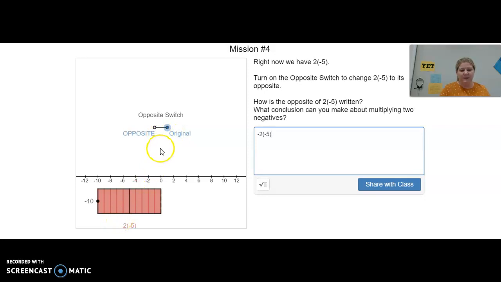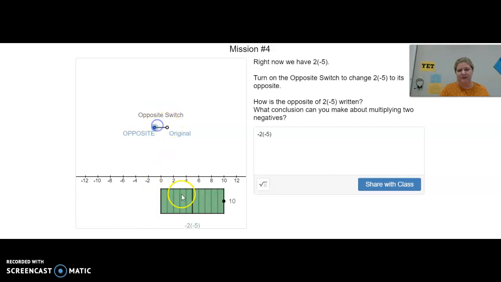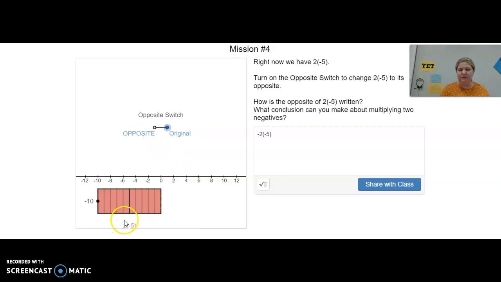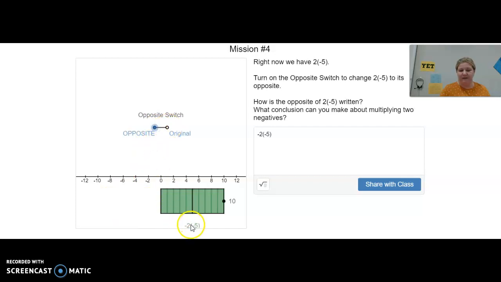Here's 2 groups of negative 5. Opposite of that? Oh, so 2 groups of negative 5 is 2 movements to the left, 5 each. But the opposite of that would be 2 movements to the right, 5 each.